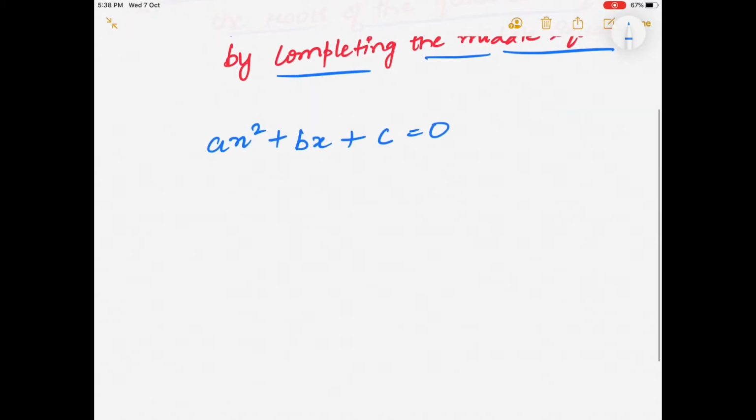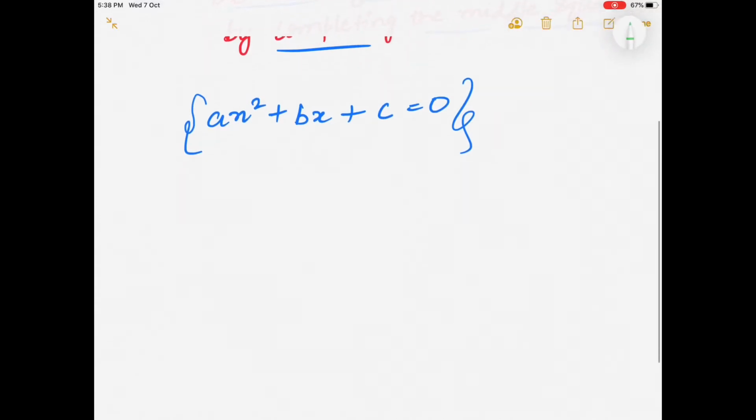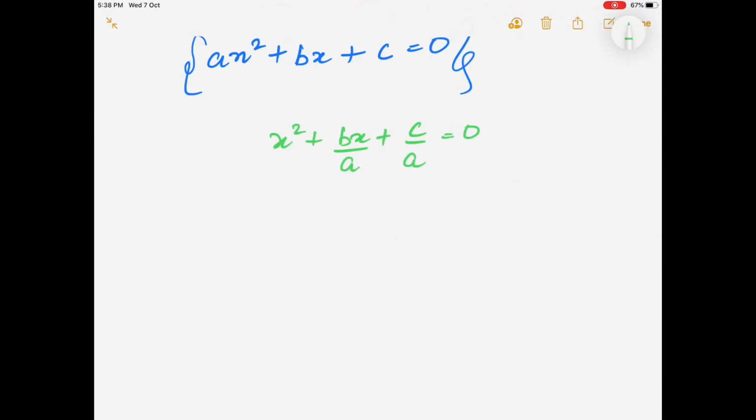Now dividing throughout by a, we get x square plus bx by a plus c by a is equal to 0. Now at this step we have to use the completing the square method to form our formula.